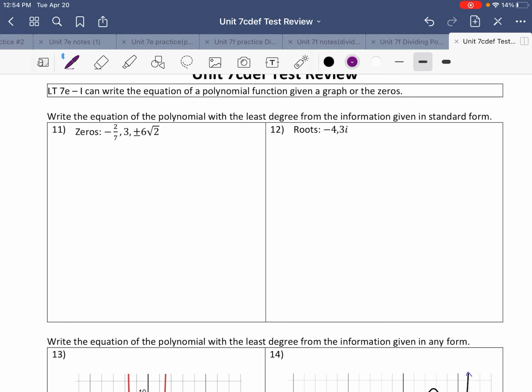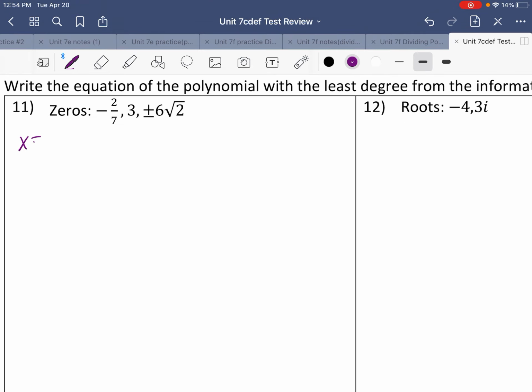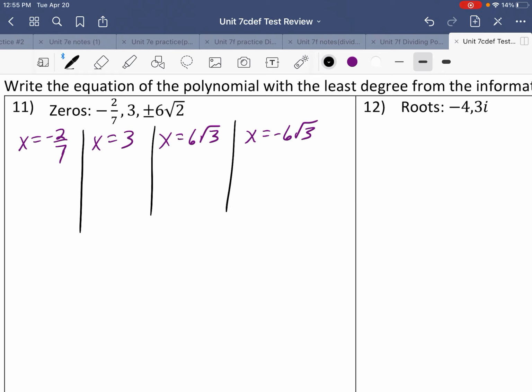All right, write in the zeros. First step, set each zero equal to x individually. Now make each equation equal to 0. So here's your factors, so we're really finding factors here.